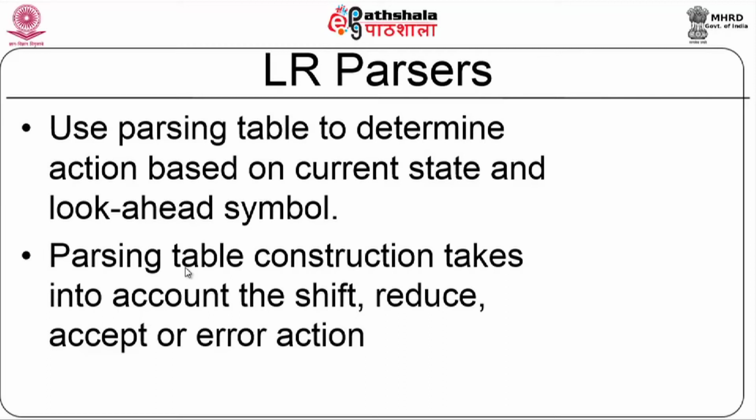So, whether to shift at a particular combination, whether to reduce at a particular combination, or should I accept and stop parsing, or is it going to be an error routine call, that is indicated in your parsing table. That is the primary objective of the LR parser. So, you have the parsing table, you have the input, you have a stack. Using these three you will end up parsing a particular string.